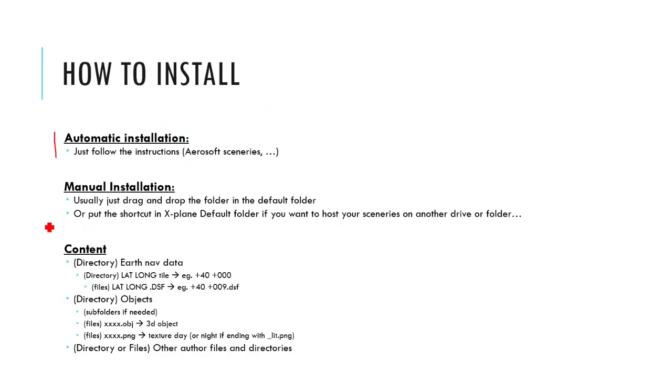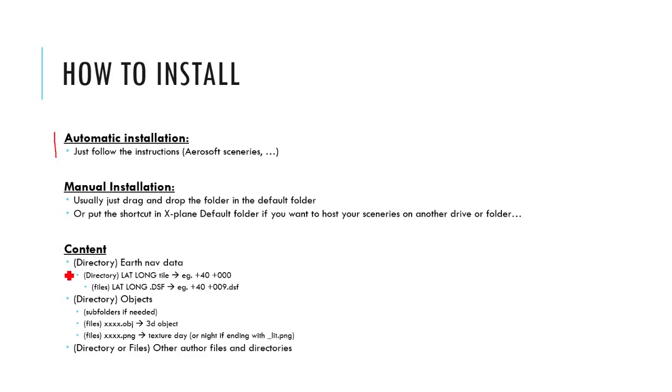Or, as I said, if you have a separate hard drive where you store sceneries and you don't want to load up your SSD, you just put the shortcut in the custom scenery folder from X-Plane.